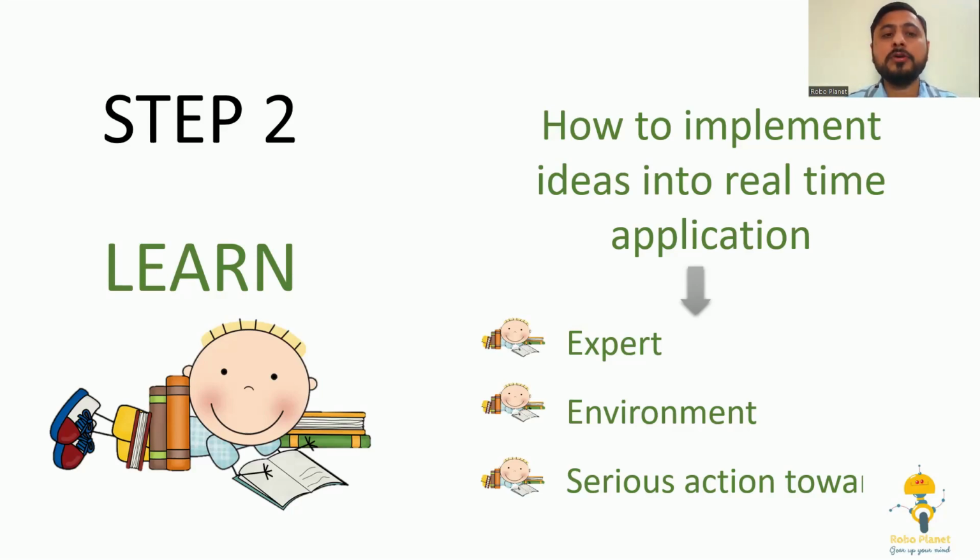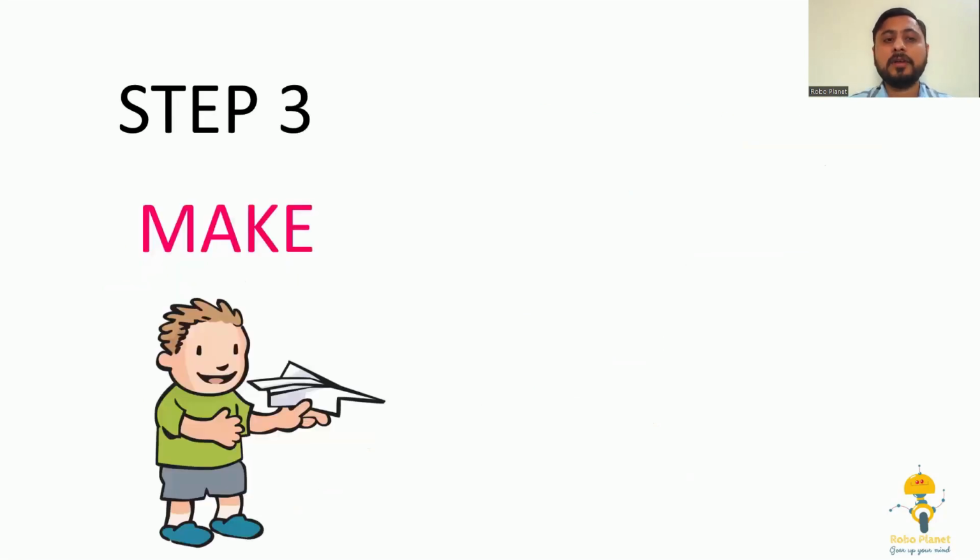Follow step number 2 after following step number 1. Then after step number 2, you have to do step number 3, right? You have to make. After thinking, after learning, start making. Many students have ideas. Many students are good at thinking, but they are not learning with an expert. They are learning from anywhere, from any sources.